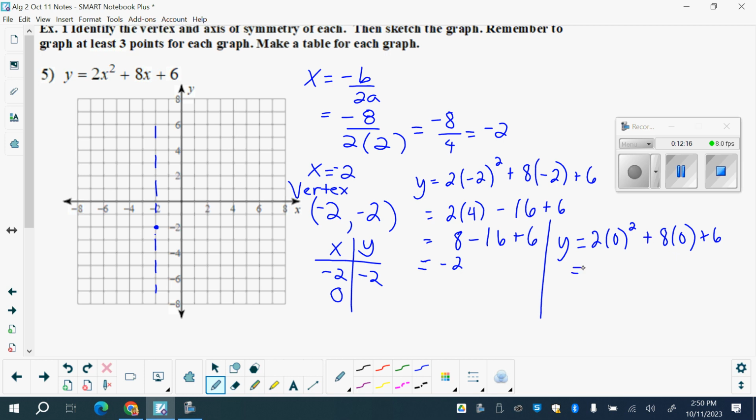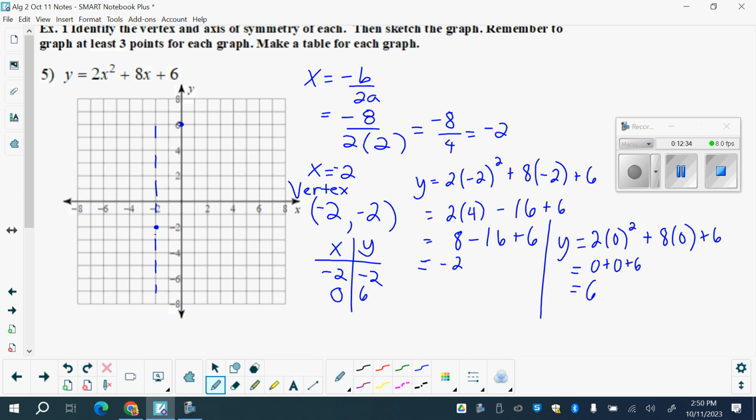What do I get when I simplify that? So we just get 6. So 0, 6. So there's my second point.